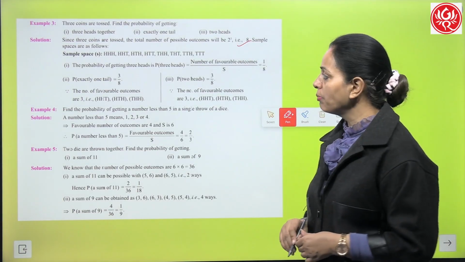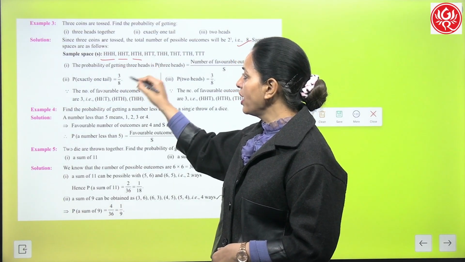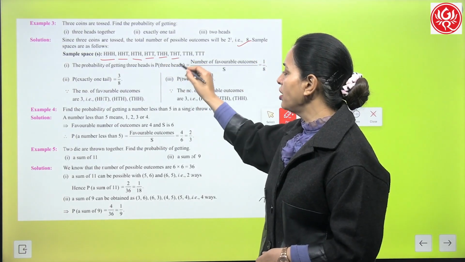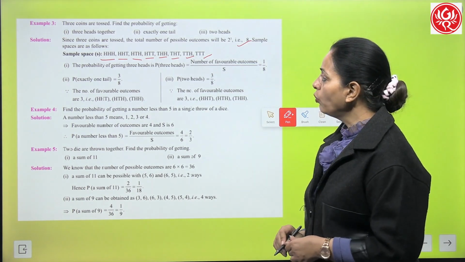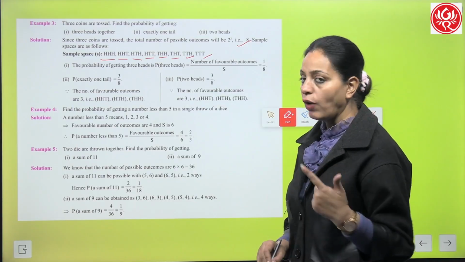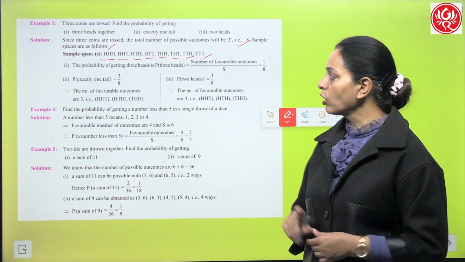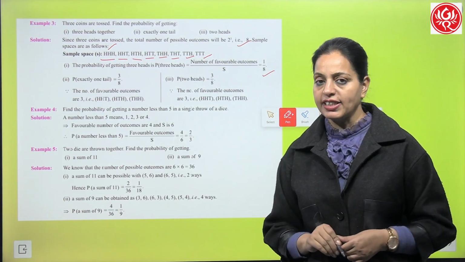So sample space हम लिखेंगे HHH, HHT, HTH, HTT, THH, THT, TTH, TTT, right? So now we want 3 heads together. So that is only 1, the first one. So number of favorable outcomes only 1 out of 8. So 1 upon 8, right?